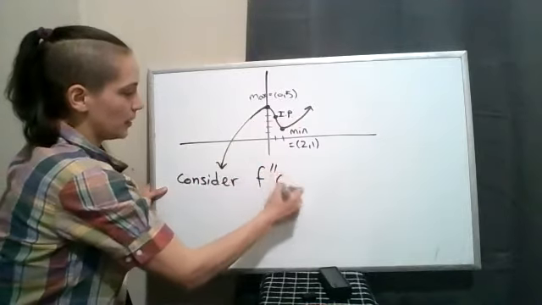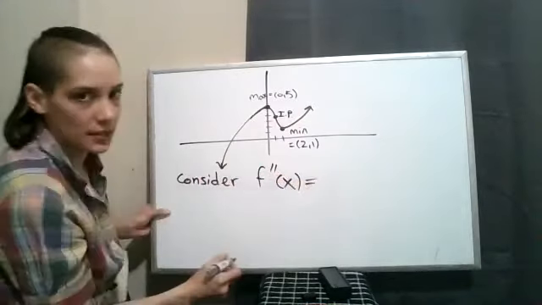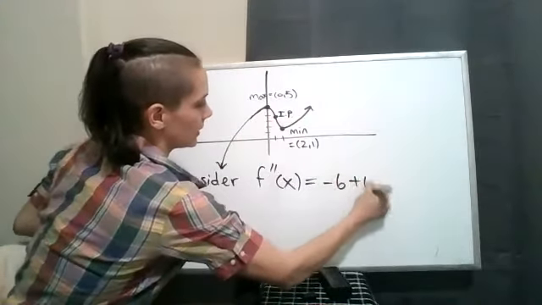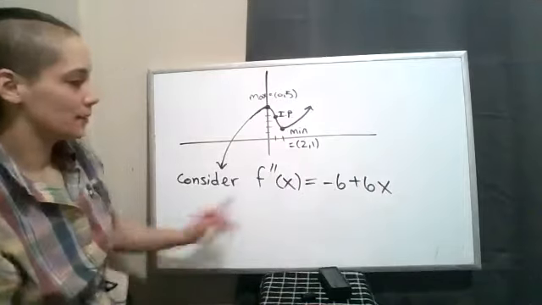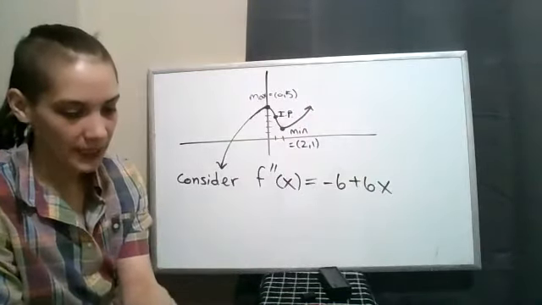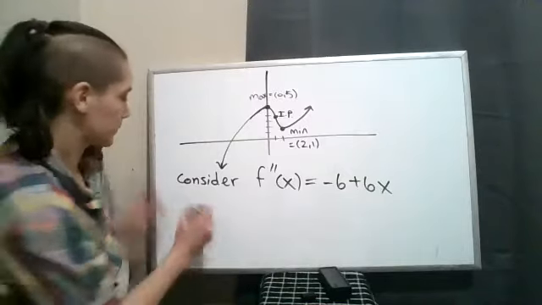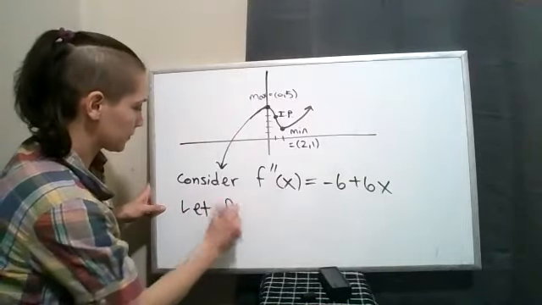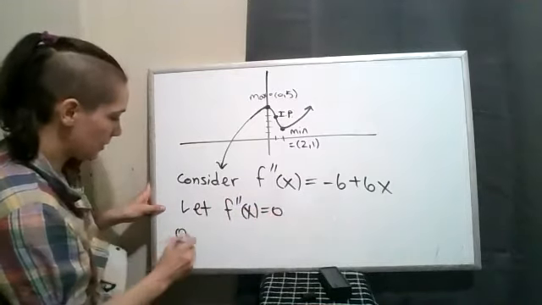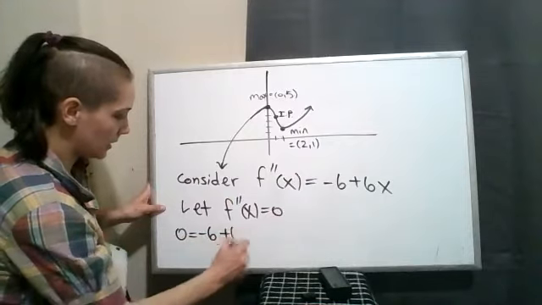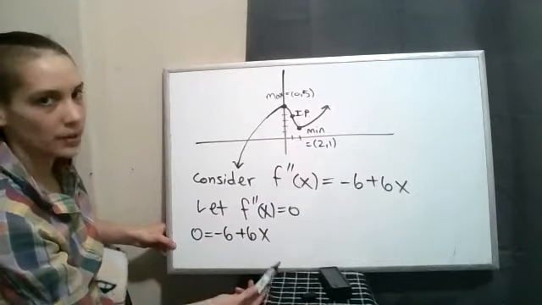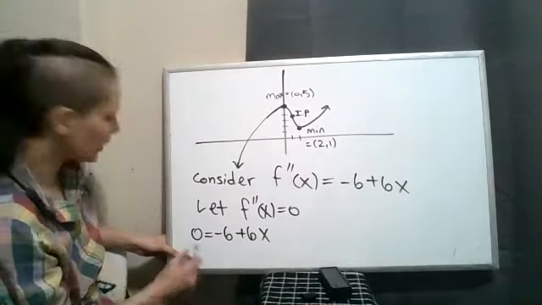So consider f double prime of x, and for our function, that's going to be -6 plus 6x. And make a sign chart. So we're going to let f double prime of x equal 0. Equal to -6 plus 6x. So we're going to add 6 over here, divide both sides by 6, and get x equal to 1.